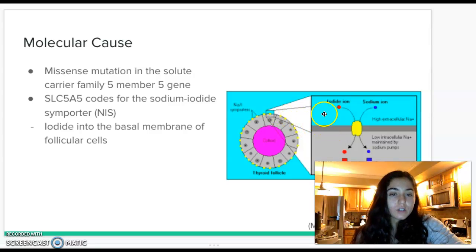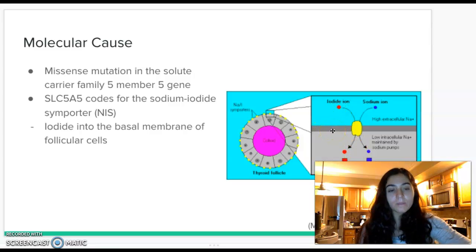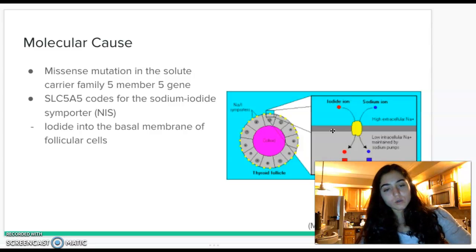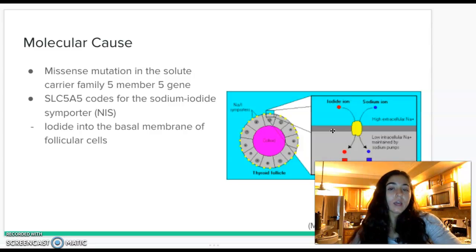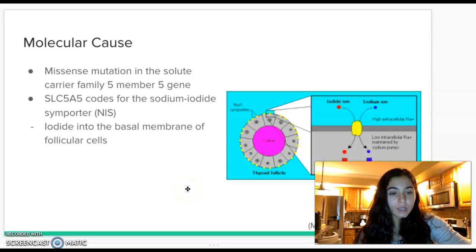The NIS functions to bring iodide and sodium into the cell so that these iodides can bind to tyrosine, and that can form thyroid hormones. So if the NIS is not properly formed, then no iodide can be brought into the cell, and therefore thyroid hormones cannot be produced.